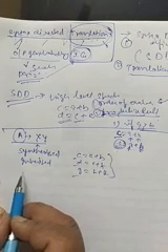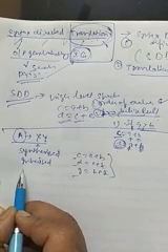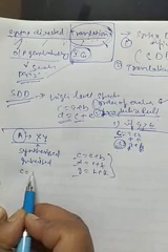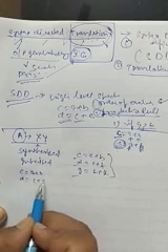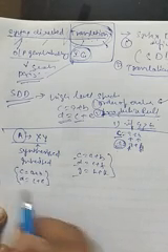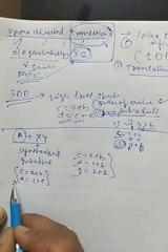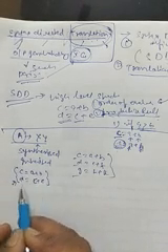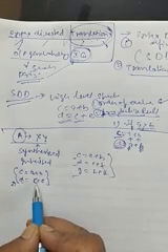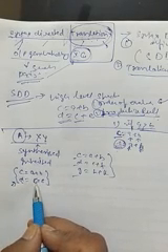But an expression like c is equal to a plus b and d is equal to c plus e is not a synthesized attribute, it is an inherited attribute. Why is it an inherited attribute? Because the value of d will be coming from the value of c.